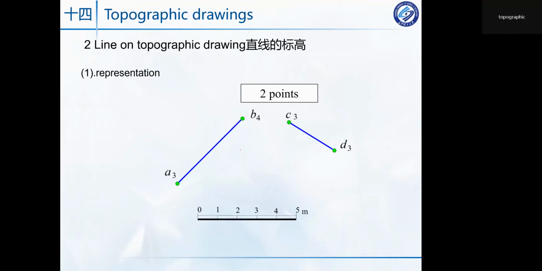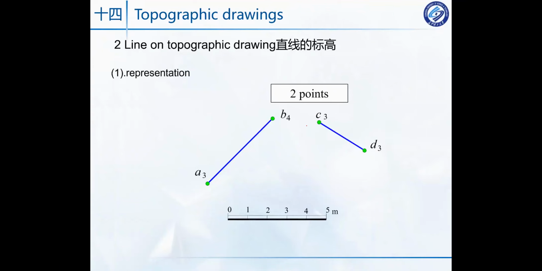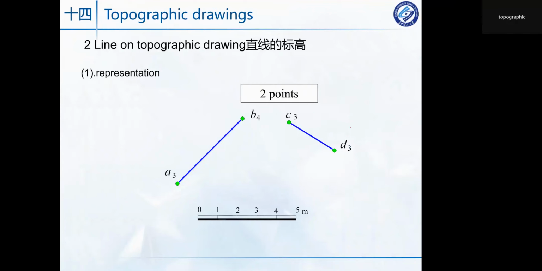This line is horizontal, or vertical, or maybe in another position. Who can tell me?